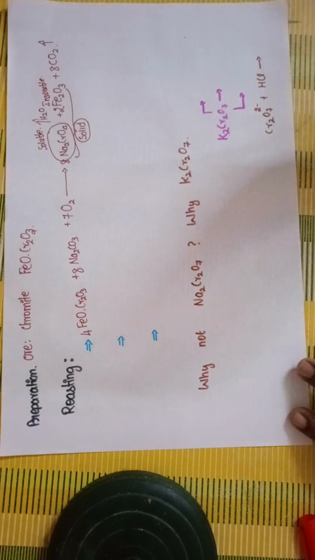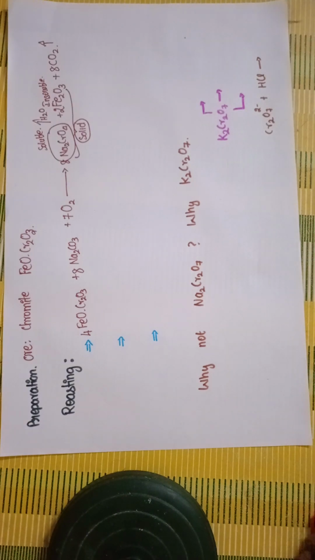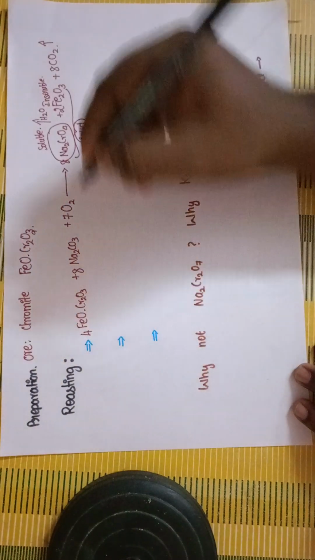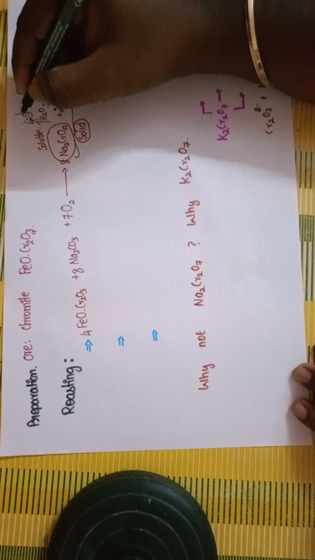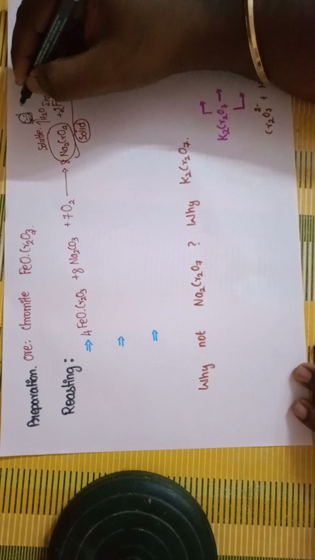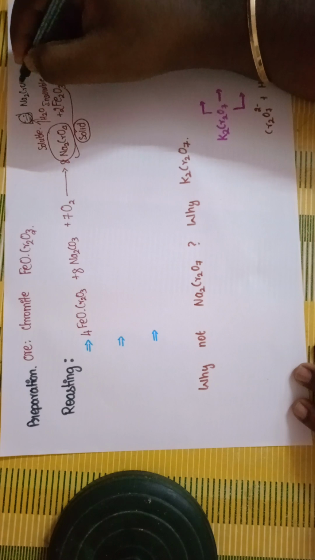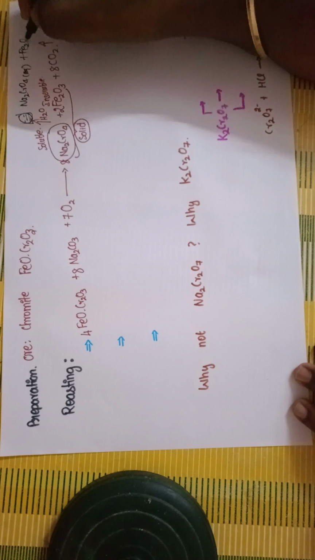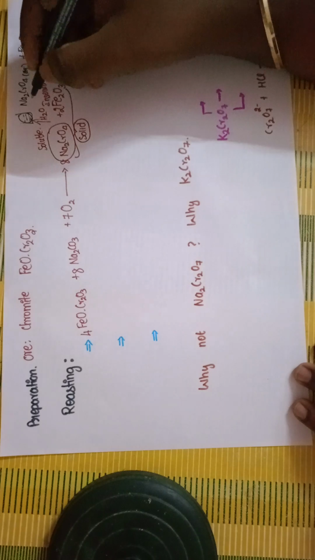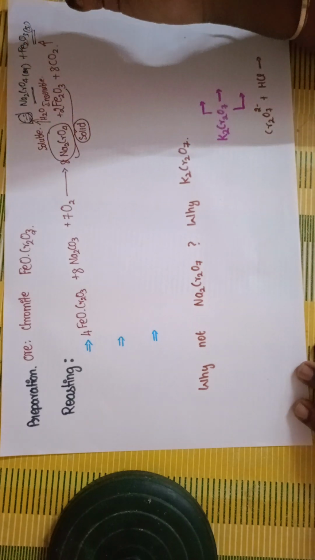So sodium chromate alone gets dissolved, and Fe2O3 remains insoluble. Now we have a solution containing aqueous sodium chromate plus solid Fe2O3. Once you filter, you will get only the sodium chromate solution.